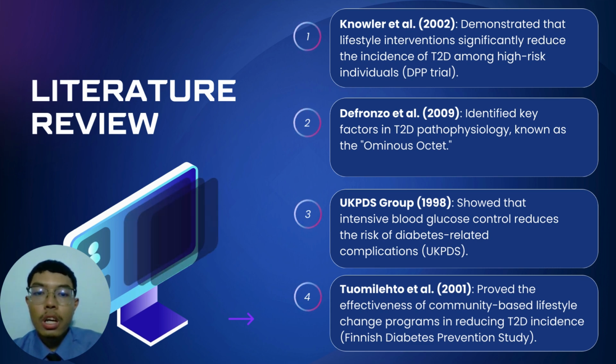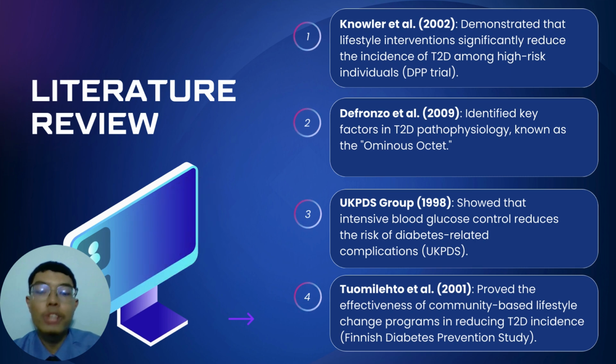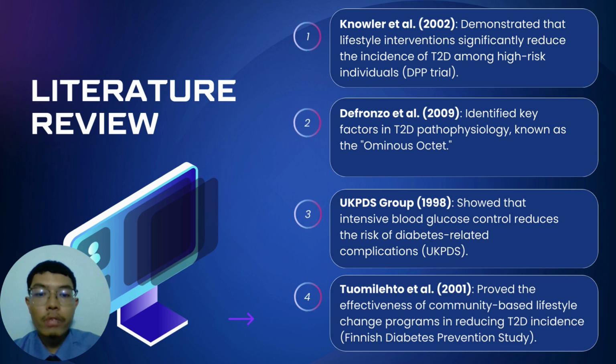For the third point, according to the UKPDS Group, management of diabetes typically involves a combination of lifestyle modifications, oral medications, and insulin therapy. The UK Prospective Diabetes Study, or UKPDS, provided evidence that intensive blood glucose control significantly reduces the risk of diabetes-related complications.